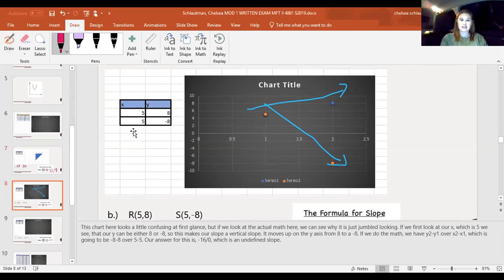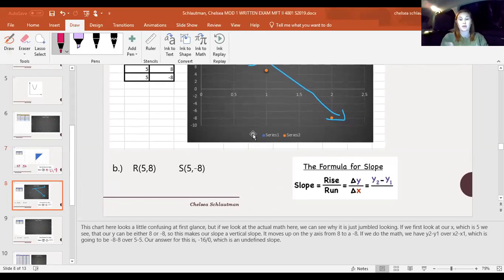So for both of these x's, we have a 5. So 5 is going to stay right here. It's going to stay the same. So if we have 5, we can also have 8, and we can also have a negative 8. So since this isn't a defined slope, it's not going in just one direction. It's going to be an undefined slope. So again, I'm going to revert back to doing it the way that I prefer.